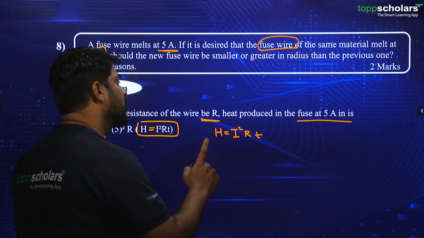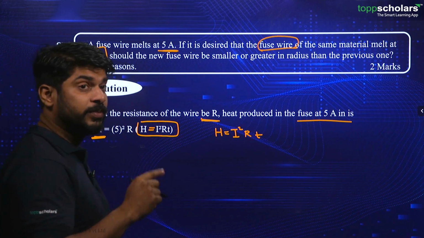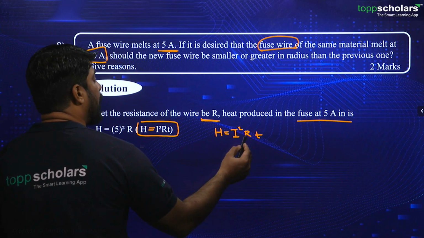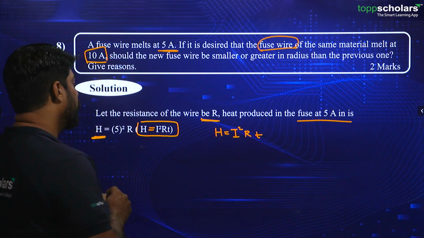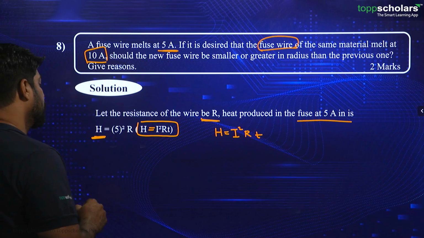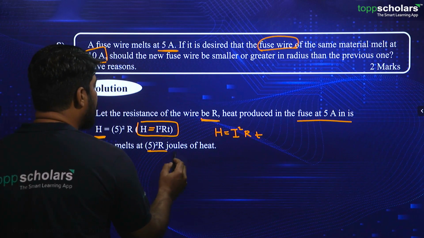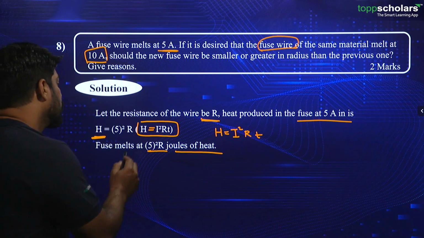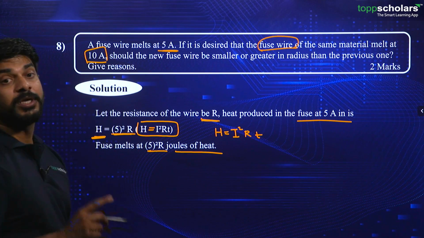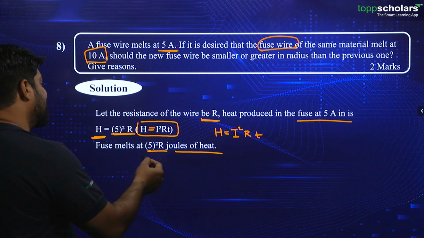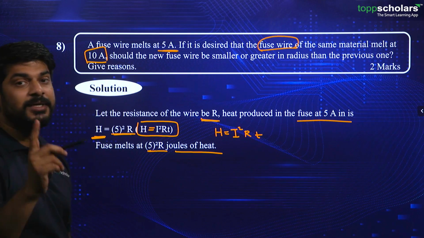So we'll talk about the heat produced in 1 second, I square R T. So I is 5, so 5 square into R. So the fuse melts at 5 square R joules of heat. This much heat will be produced in 1 second and it melts at that particular heat.